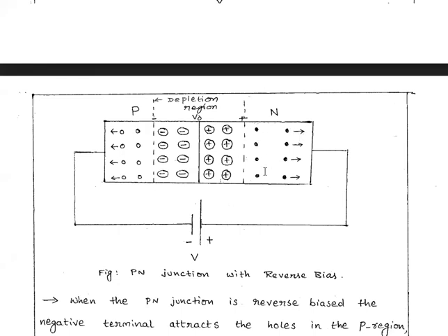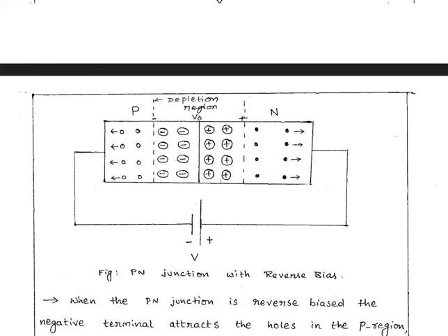In this p region as well as n region, we have covalent bonds in the semiconductor. Due to heat and light energy, these electron hole pairs absorb the energy and the covalent bonds break down. Hence, electron and hole pairs are continuously produced in both the P region as well as the N region.